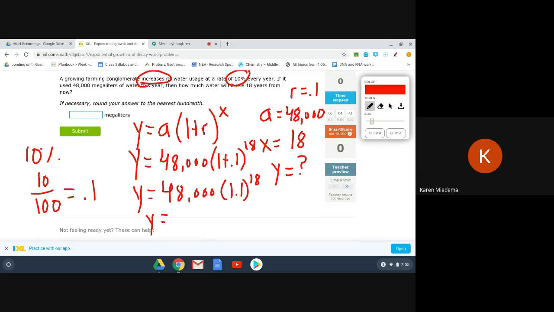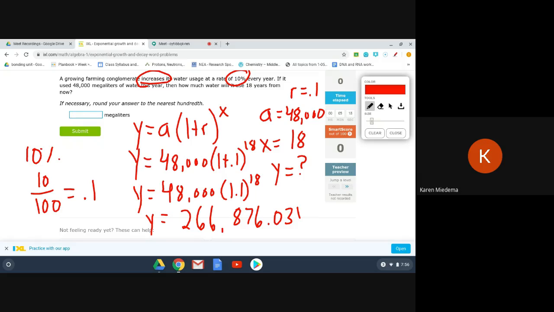And now I'll go ahead and enter it in exactly how I see it in my calculator. 48,000 parentheses 1.1 close parentheses raised to the 18th. I get 266,876.031.